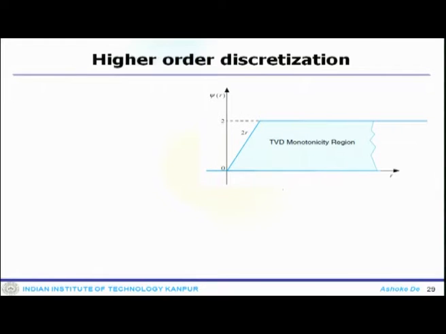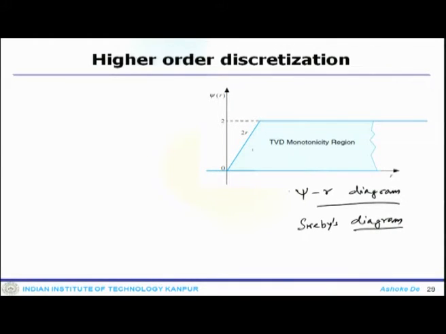So, that is the condition that one can devise, and this condition can be seen in the psi r diagram. This is called the psi r diagram, and this is the region which is the TVD monotonicity region, where it is satisfied. This is also called the Sweby diagram.